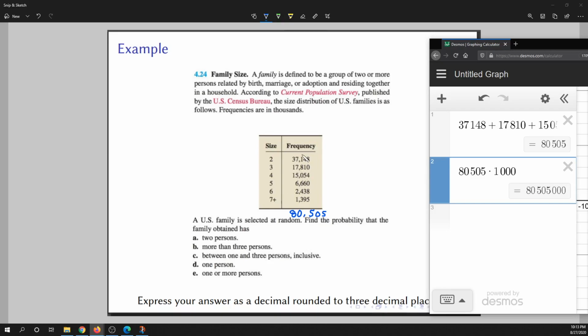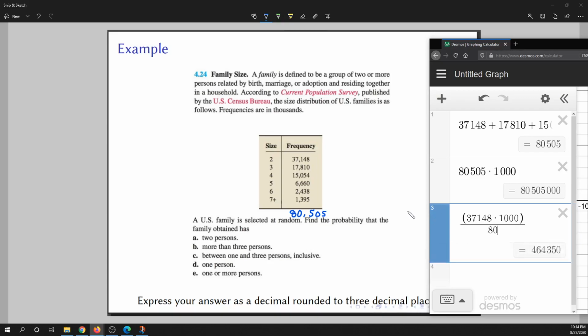But if all of these are reported in thousands, and I'm calculating probabilities, then say this first number up here would be 37,148 times 1,000, and then the bottom number would be 80,505 times 1,000, like so.